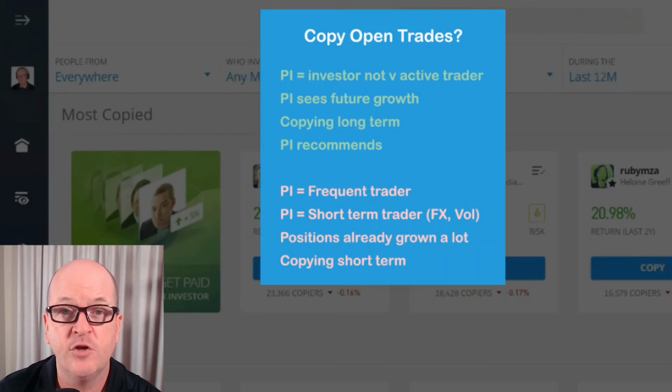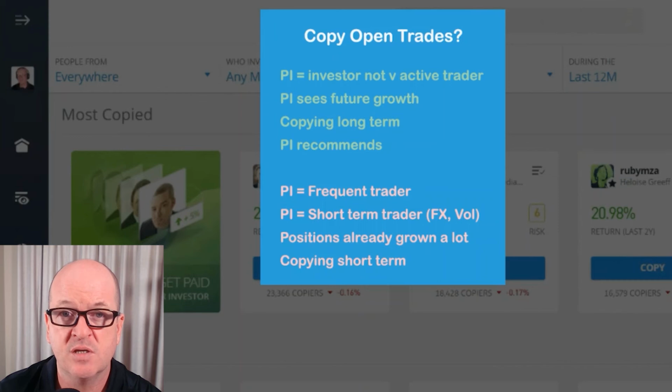You might be better off not copying open trades when the PI is a frequent trader, in and out of positions a lot, so your money does get used quickly. Similarly, if the PI is a short-term trader, if they only hold positions for a few hours or a few days.